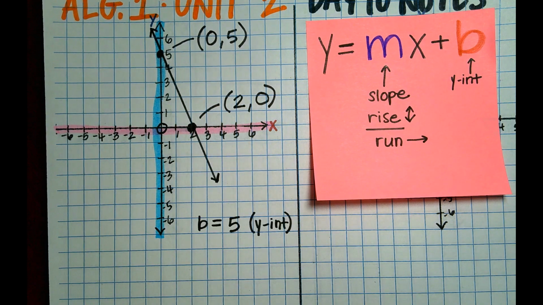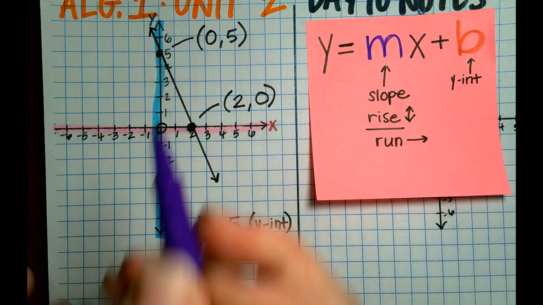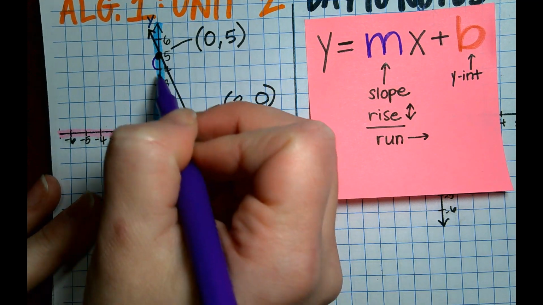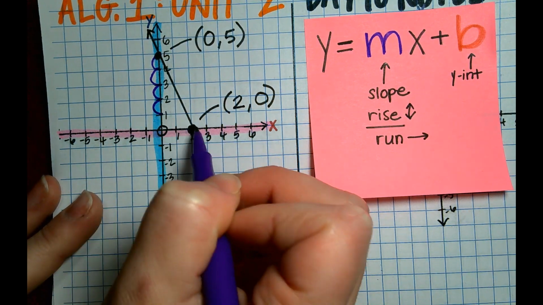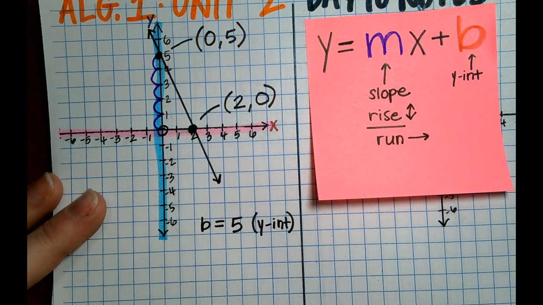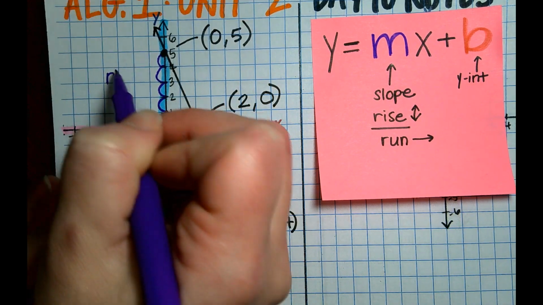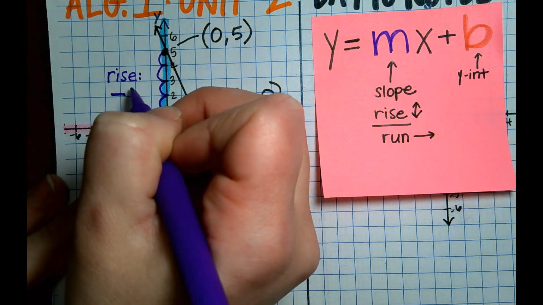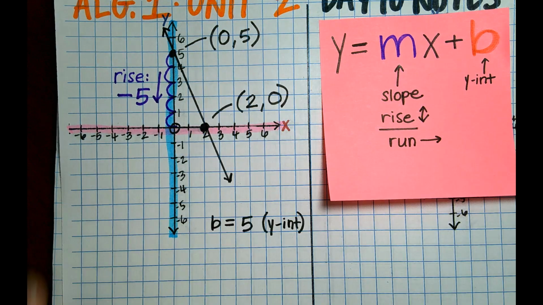Down. So we're going to count how far down we go with our slope. I'm going to do just like when we graph it. I'm going to count 1, 2, 3, 4, 5. So my rise is what? -5. It's -5 since we went down 5.